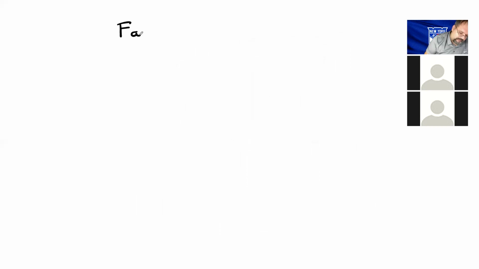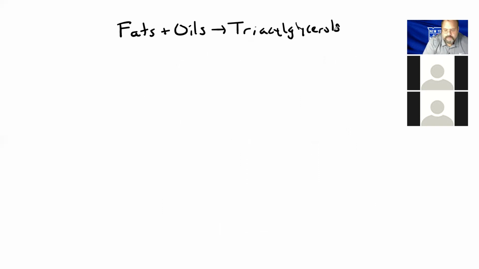So the main types of lipids where we come across your fatty acids are a part of fats and oils. And when we talk about fats and oils, the way that we find fats and oils is that we find them in the form of what are known as triacylglycerols.